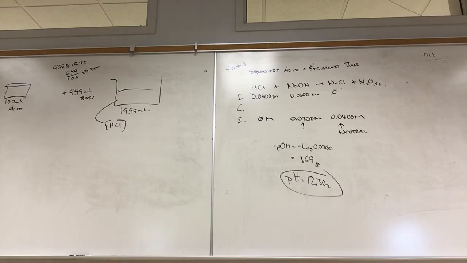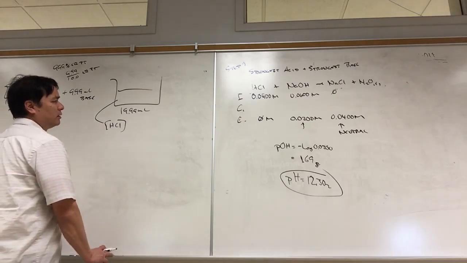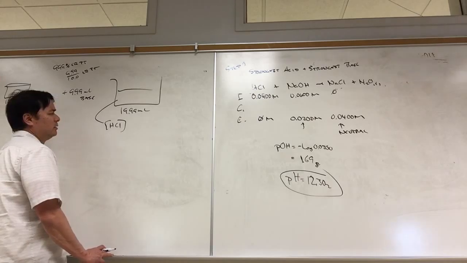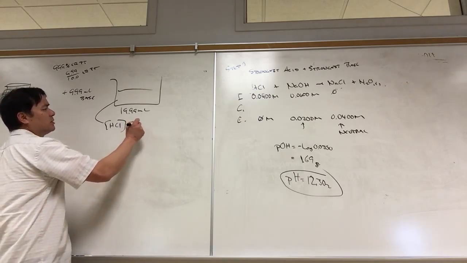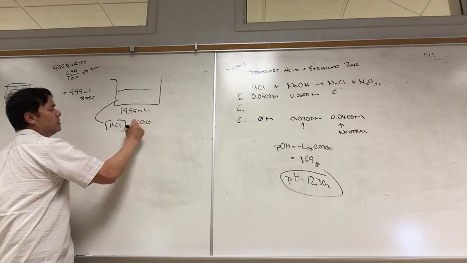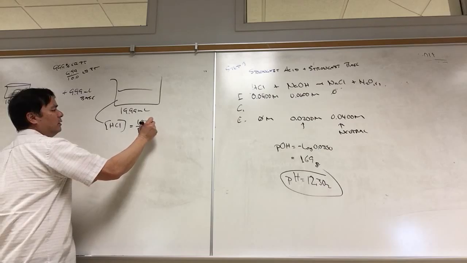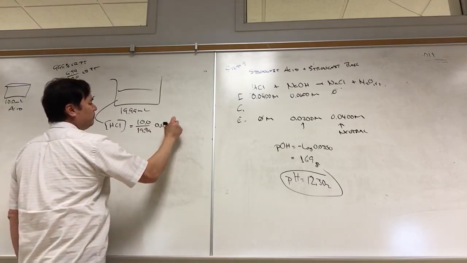And the reason is, otherwise it gets messy if you try to jump from one calculation to the next, building up from the previous one. It's just easier to start all over again and do it here. And so the HCl is going to be a 10.0 to 19.99 dilution of 0.100 molar.